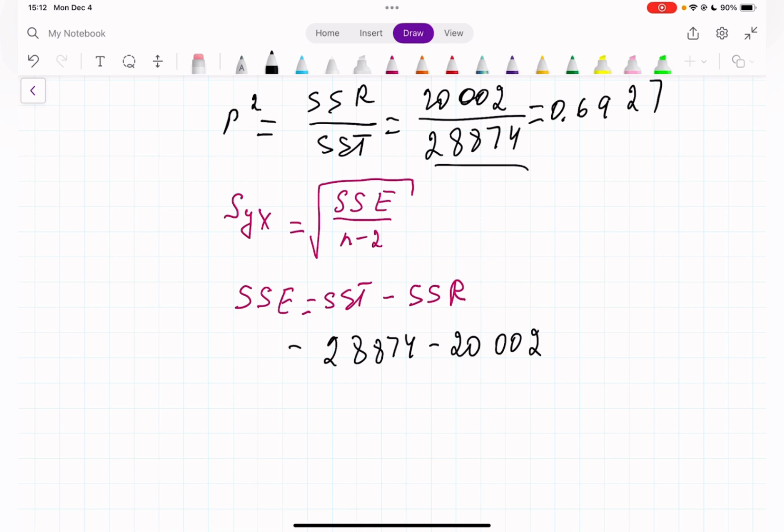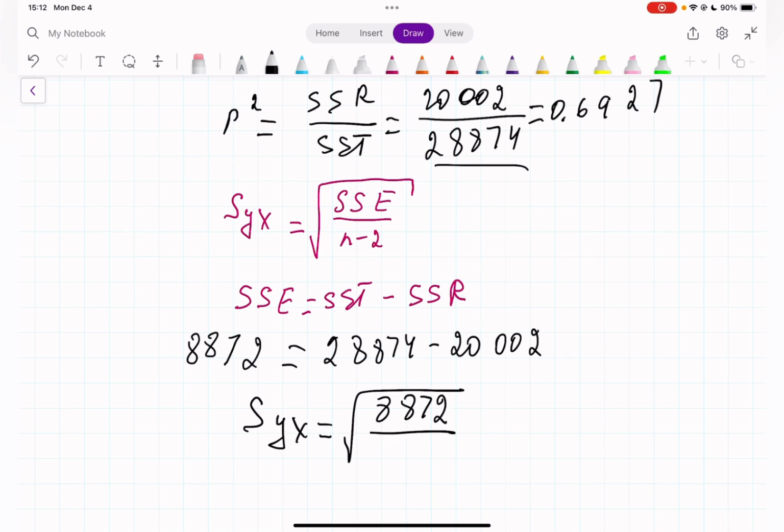This is going to be equal to 8,872. And from there we are going to plug in: S_YX is equal to the square root of 8,872 divided by n, which was 12, right?